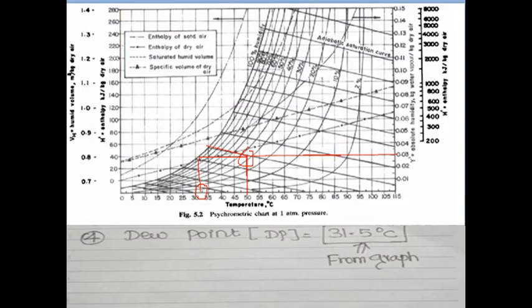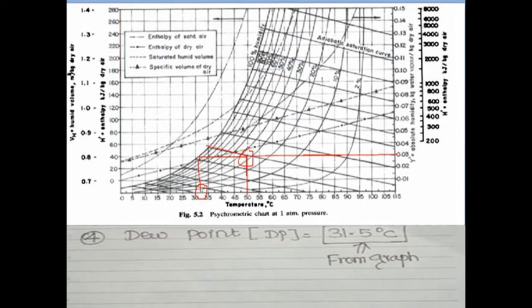Next property, dew point. How to read dew point? First step, draw a vertical line at 50 degrees Celsius from the dBT axis. Second step, draw the line of 35 degrees Celsius from the WBT axis. These two lines intersect at one point. Are you clear? Okay.